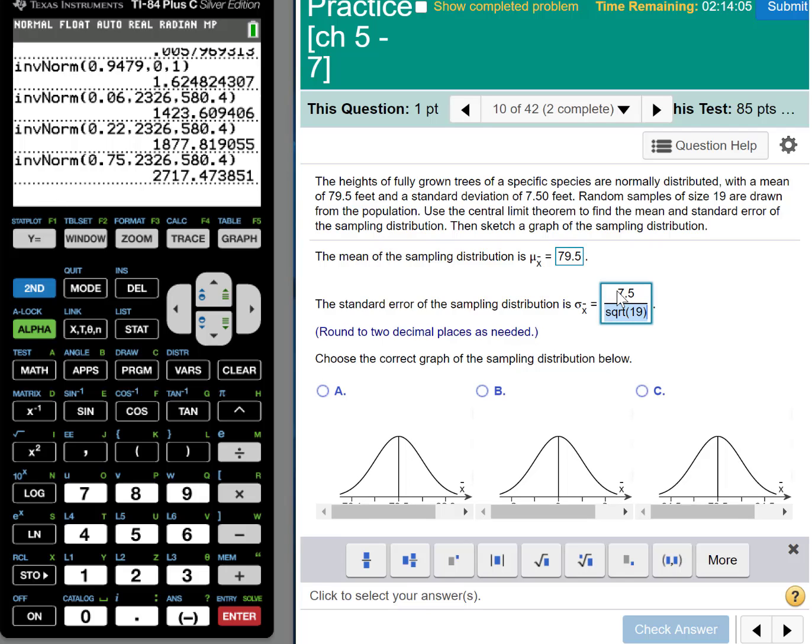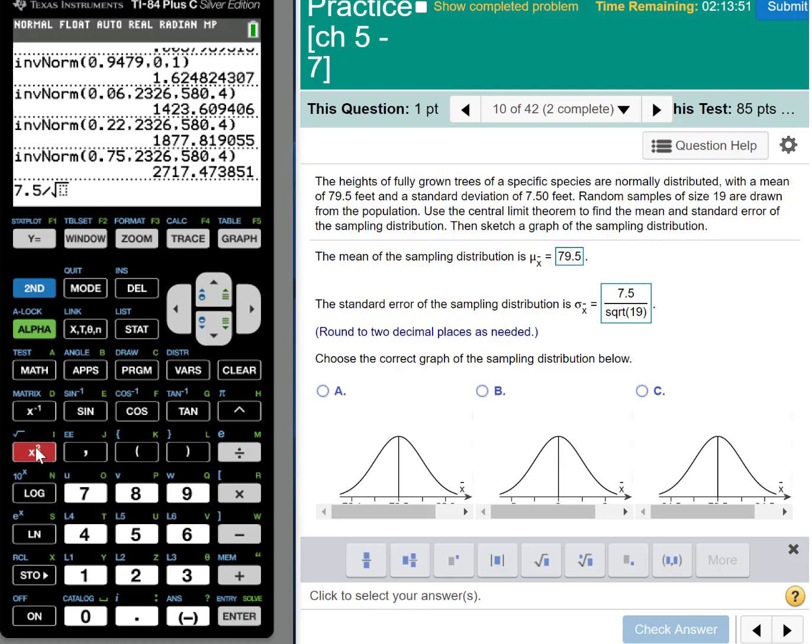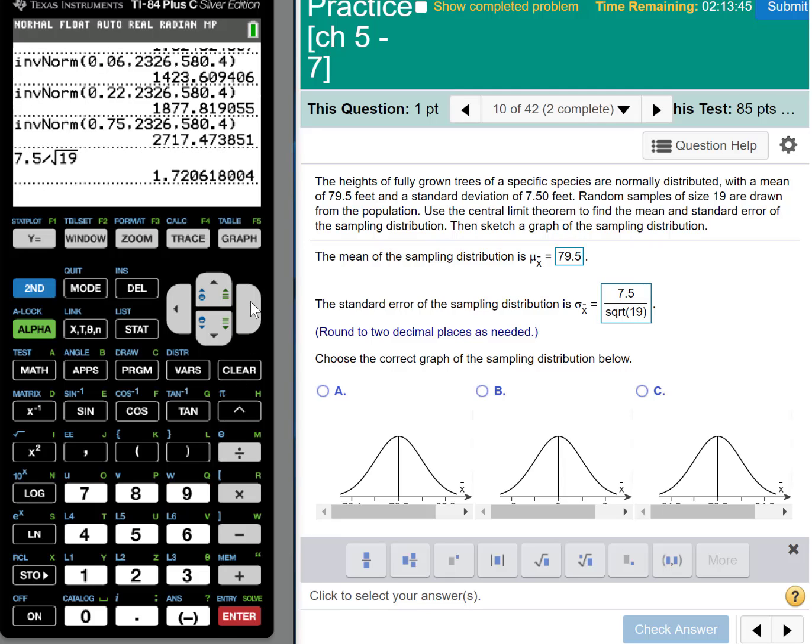Is it 19? Yes. So you do the math, guys, and you put the answer there. If you do 7.5 divided by the square root of 19, what do you get? So it's about 1.7. Choose the correct graph of the sampling distribution.